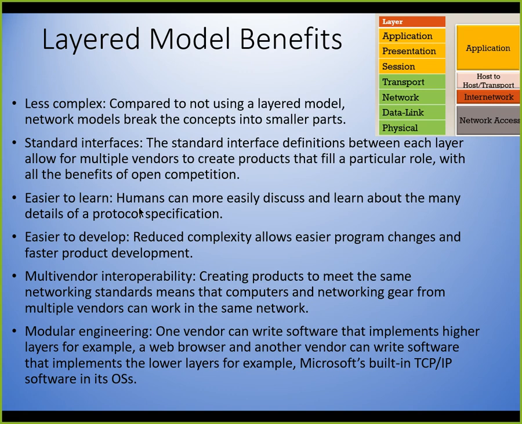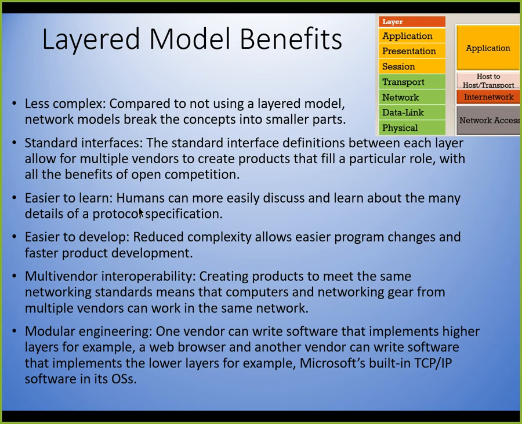Again, the benefits: less complex compared to not using a layered model, standardized interfaces. This is easier to learn, and at this point you can really say, what do you mean easier to learn? Once we've looked at it, I'll try to keep saying this layer, that layer of the OSI.